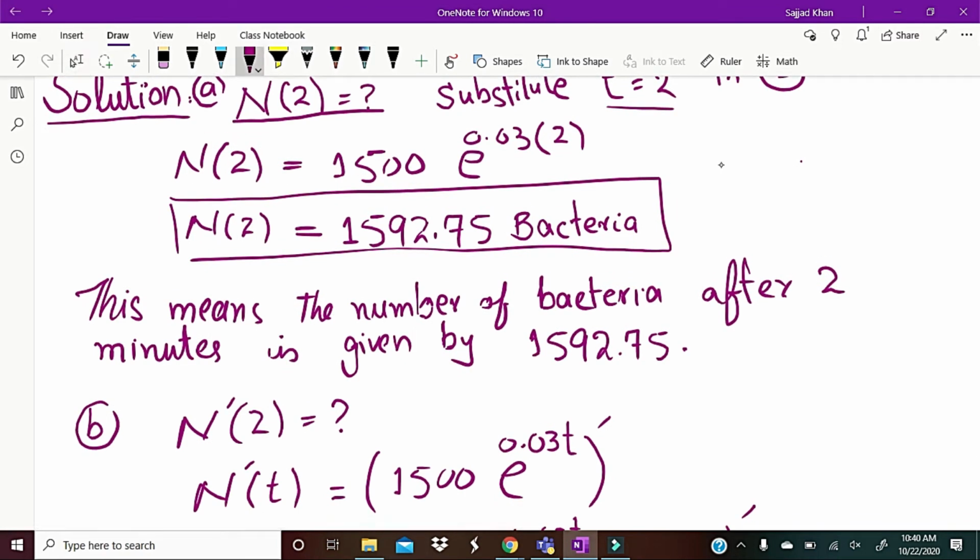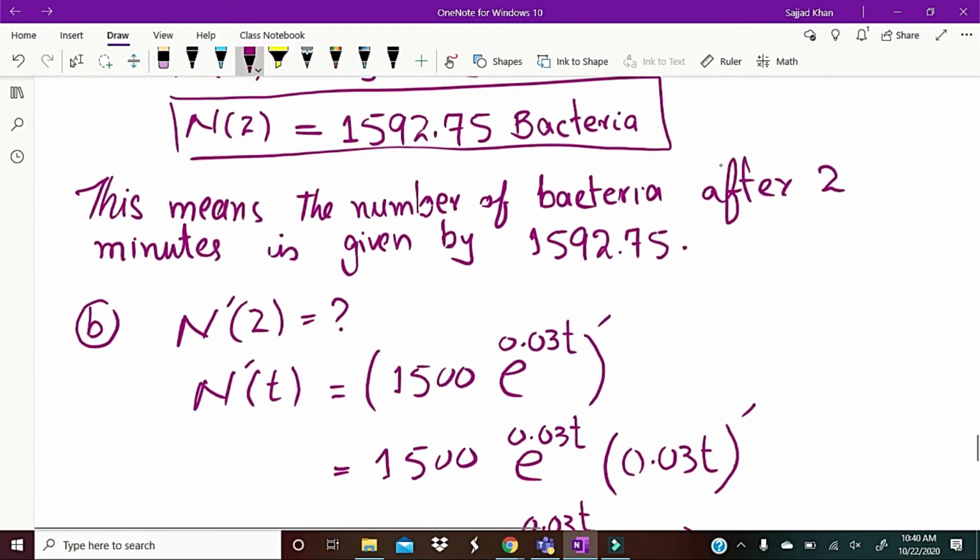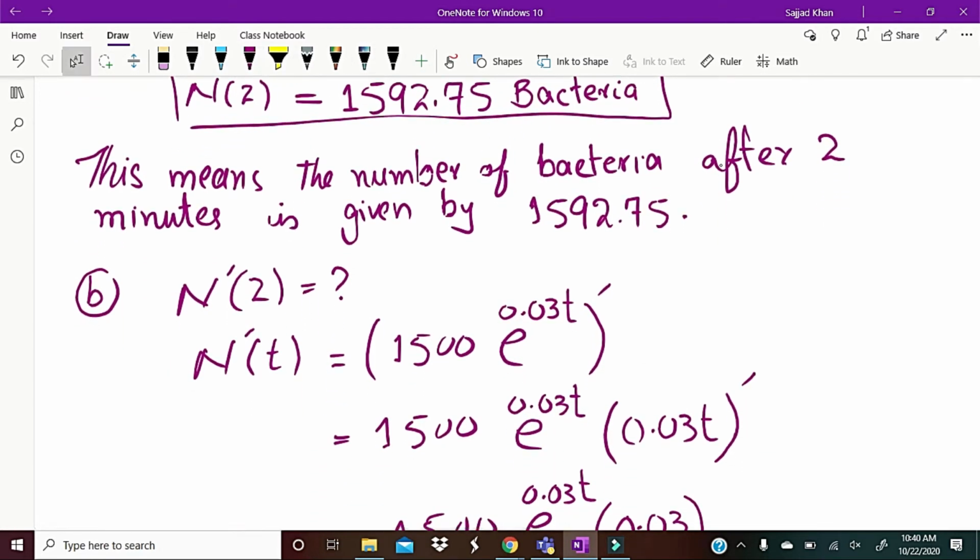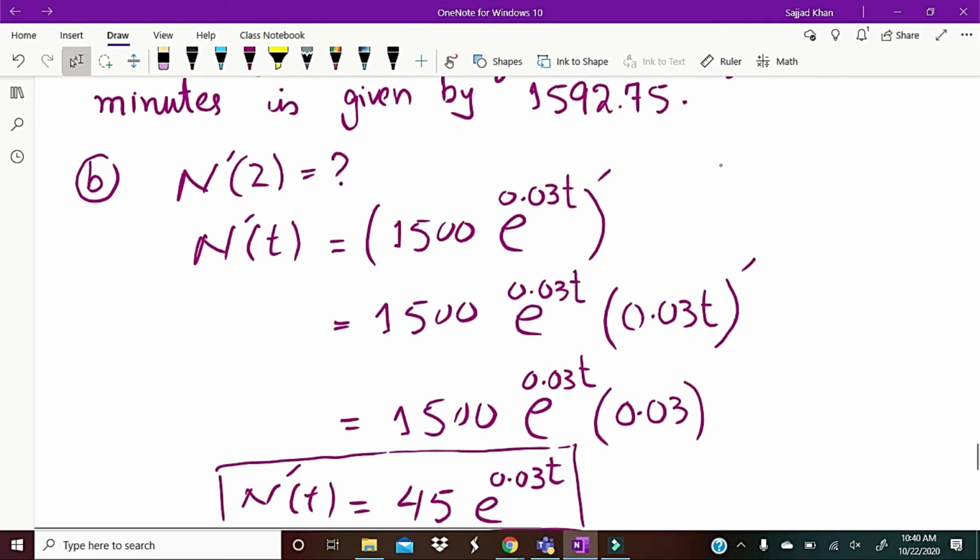If you substitute the values, we get N of 2 equals 1592.75. So the number of bacteria after 2 minutes is 1592.75.